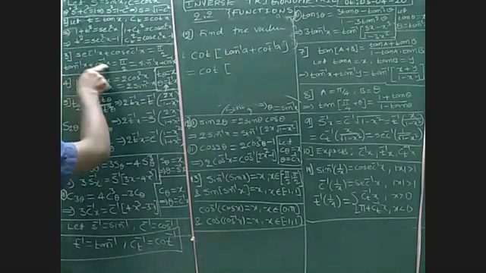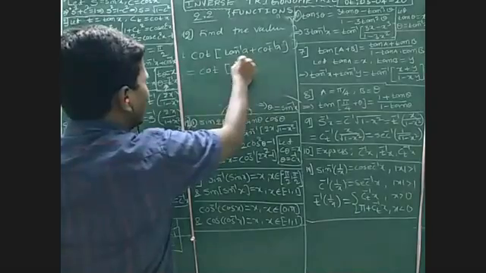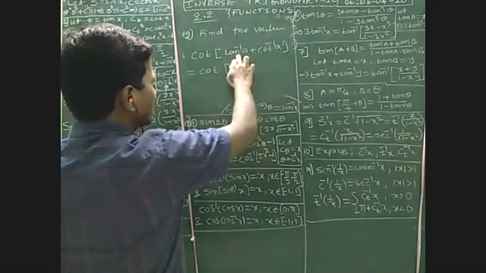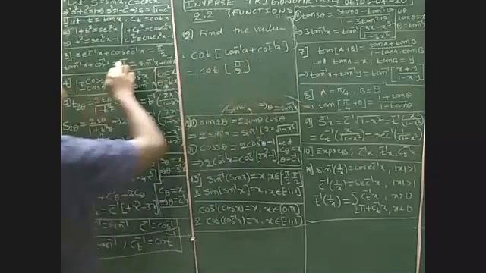For any value of x, it will be 90. This is clearly 90, since tan inverse A plus cot inverse A value is 90.